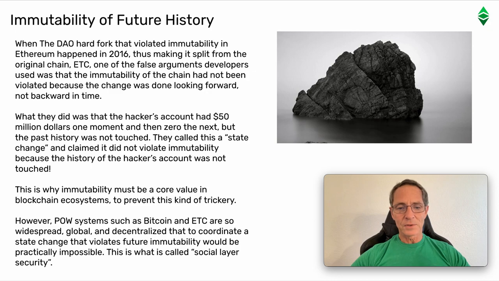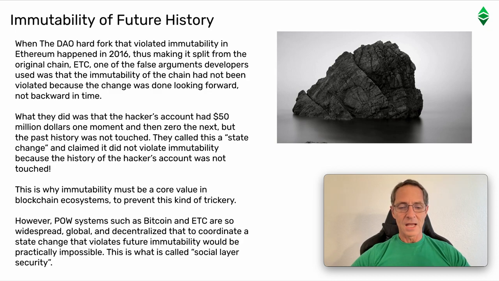What they did was that the hacker's account had $50 million one moment and then zero the next. But the past history was not touched. They called this a state change and claimed it did not violate immutability because the history of the hacker's account was not touched. This is why immutability must be a core value in blockchain ecosystems to prevent this kind of trickery.